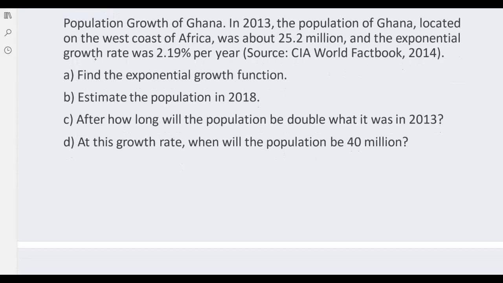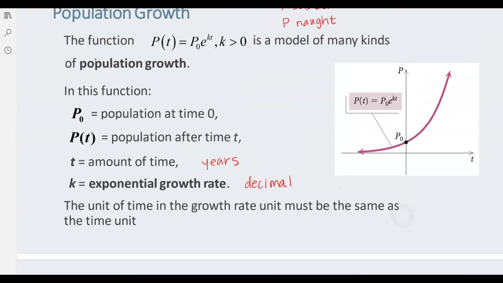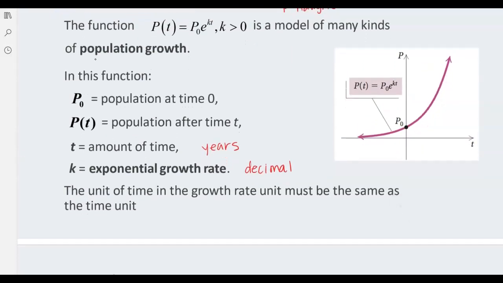So looking at part A, we said P of t is equal to P naught e to the kt. That's the original equation that we were looking at.